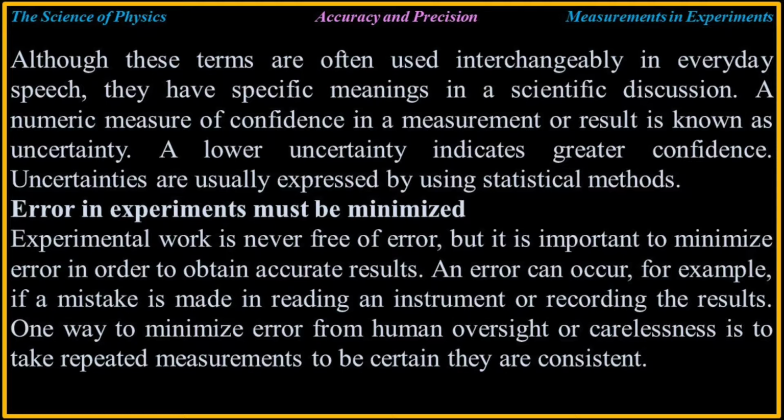Error in measurements must be minimized. Experimental work is never free of error, but it is important to minimize error in order to obtain accurate results. An error can occur, for example, if a mistake is made in reading an instrument or recording the results. One way to minimize error from human oversight or carelessness is to take repeated measurements to be certain they are consistent.